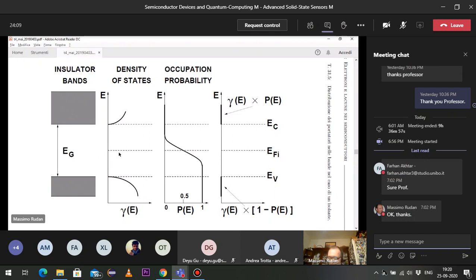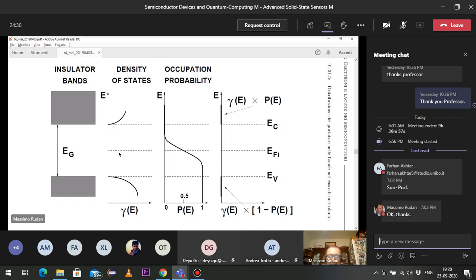It is not necessarily exactly positioned at the midpoint of the gap, but in many cases it is near the midpoint, okay?